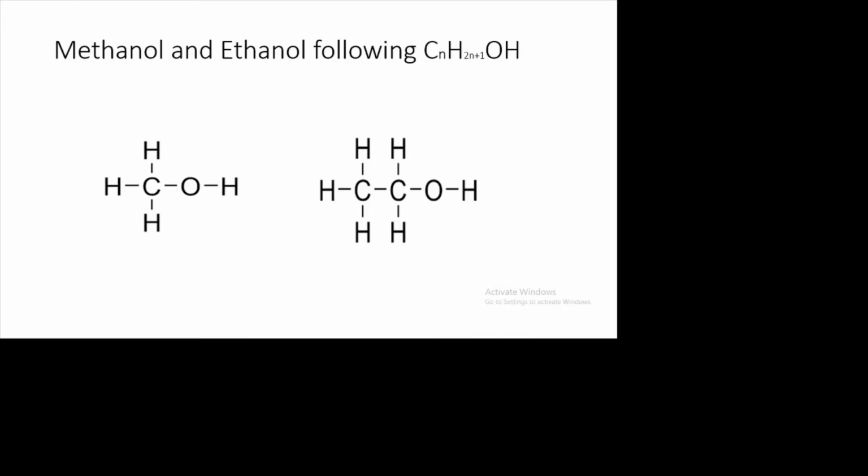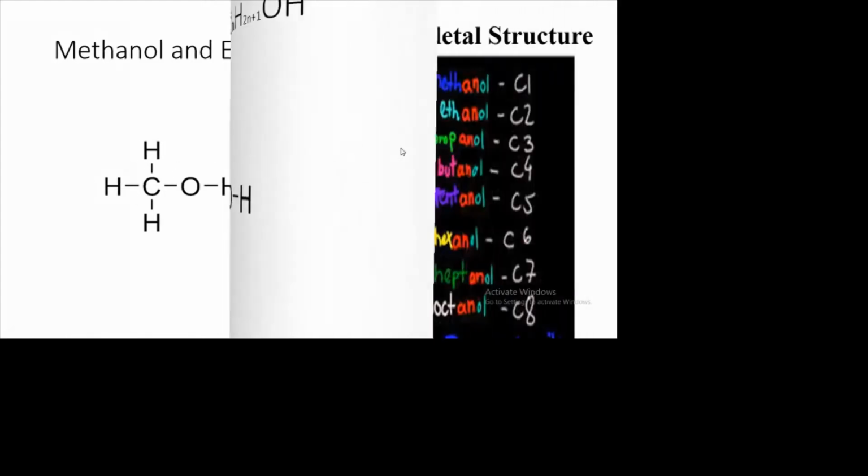So when you substitute that 1 into this formula, you will come up with CH3OH, which is the molecular formula. While this is the structural formula of methanol. The same thing goes with ethanol.